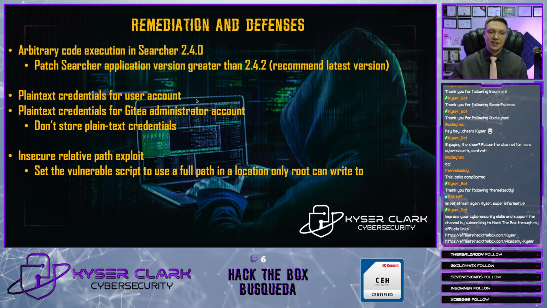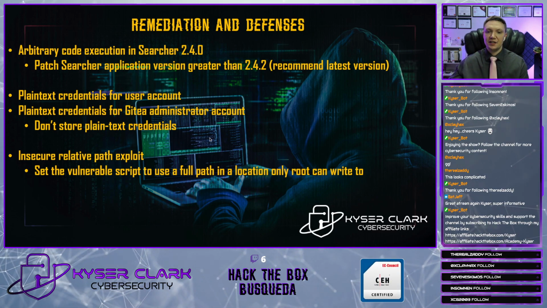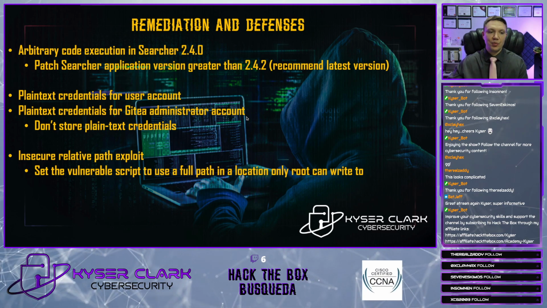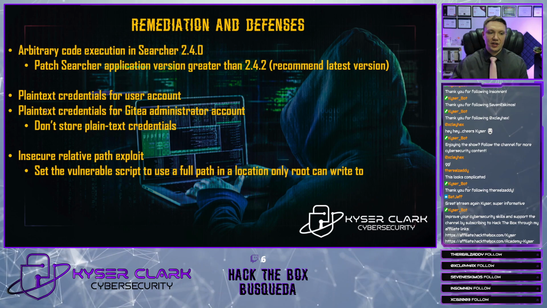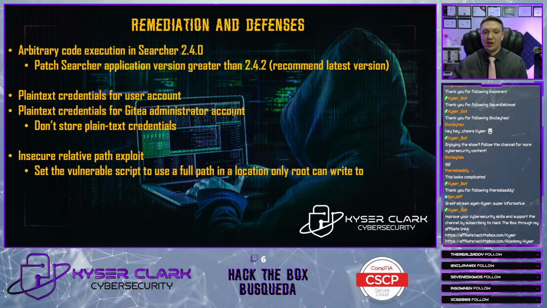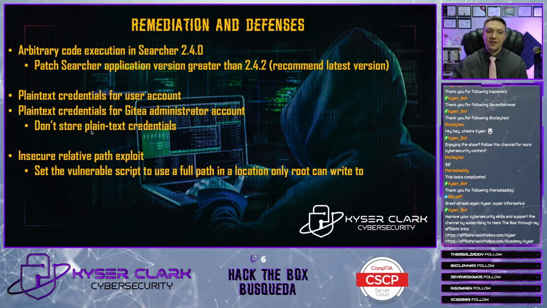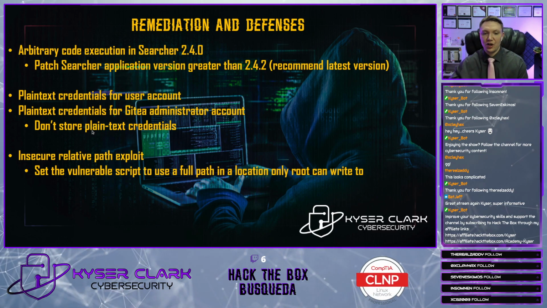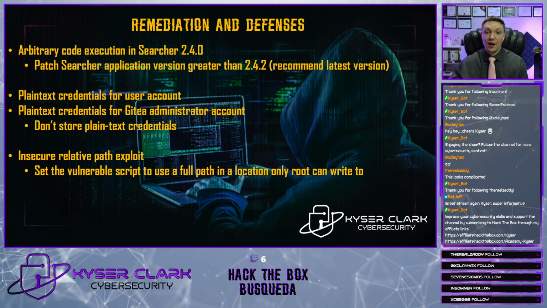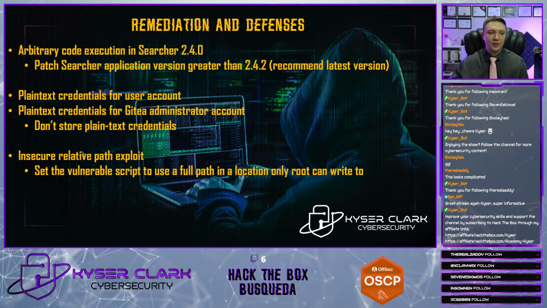It doesn't really matter how secure you think it is. Just never put plaintext credentials on your machine. And then we also got plaintext credentials for the Git administrator account. Same thing. The solution is simple. Do not store plaintext credentials on your machine at all. There's literally no reason for it.